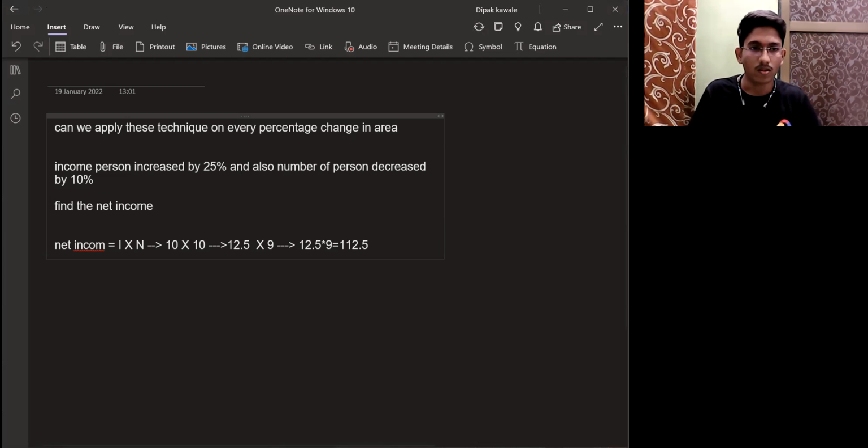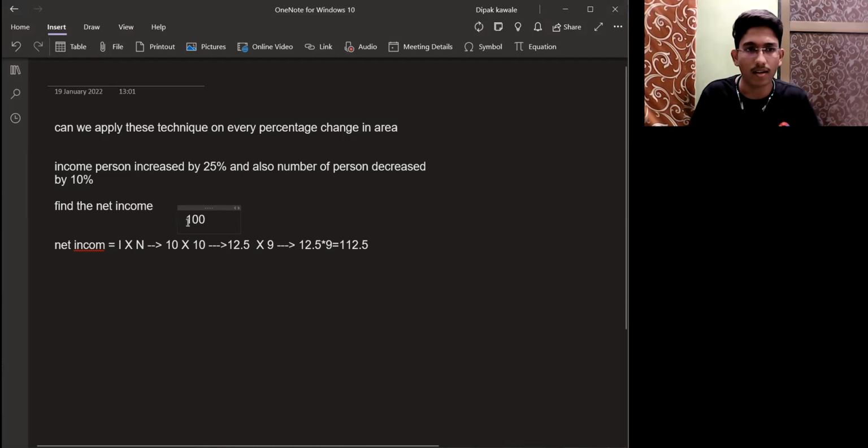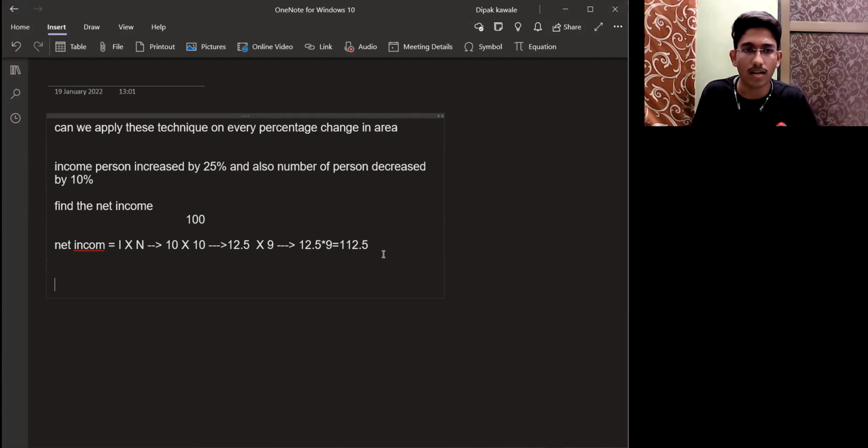Okay, so initially 10 multiplied by 10 was 100. Now it became 112.5. That means there is an increase of 12.5. What I want to say is that initially it was 100 and now it is 112.5. So it is now a 12.5% increase.